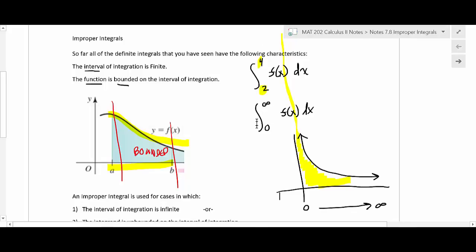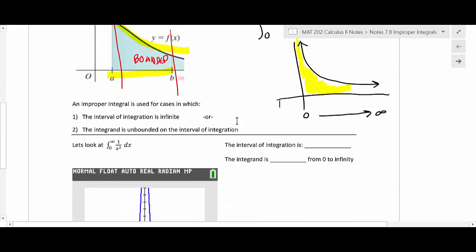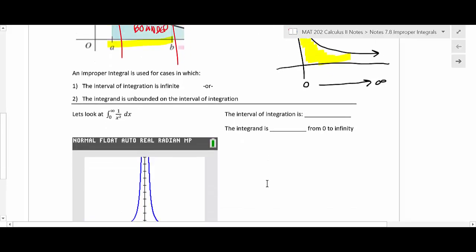is either the limits have got an infinity in there somewhere, or the region that you're considering is going to infinity because maybe of a vertical asymptote or something. That's the idea. That's what we mean by an improper integral. Okay, so what we're going to look at as we begin to go through this is we're going to focus on this first: the interval of integration is infinite.